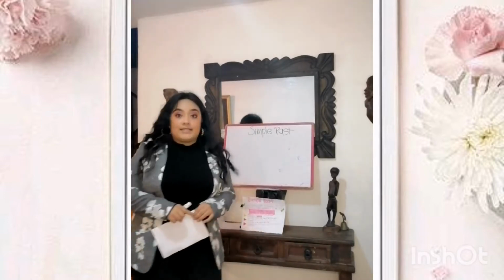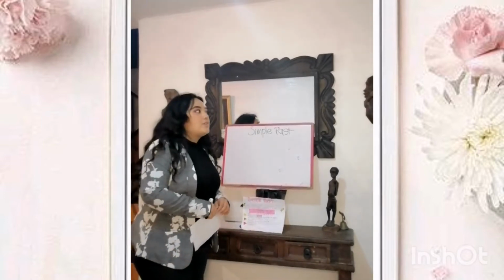So today we're going to talk, the first topic is going to be the simple past. When we are talking about simple past, it's something that happens, as the word says, in the past, but it's already finished. It's completed.